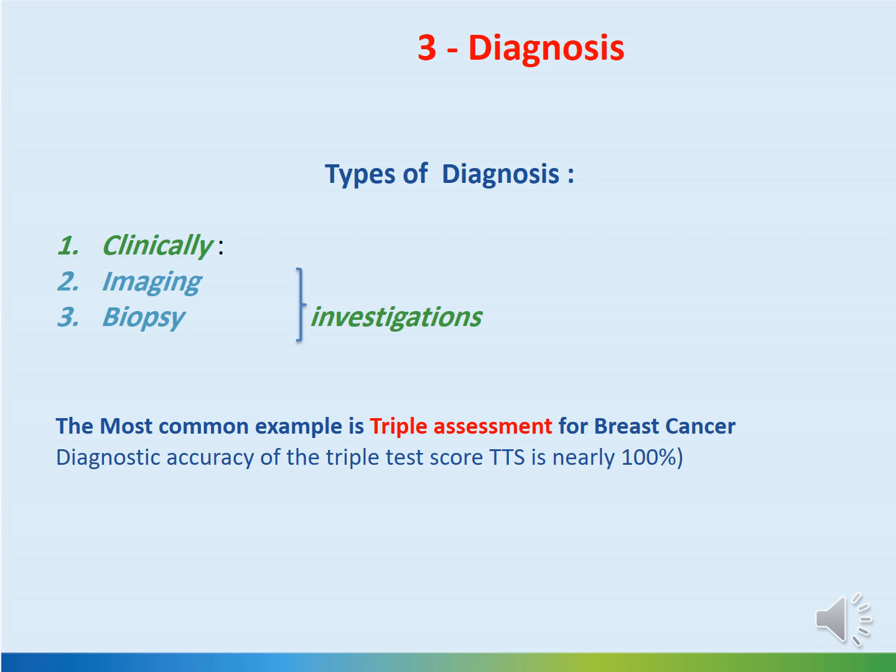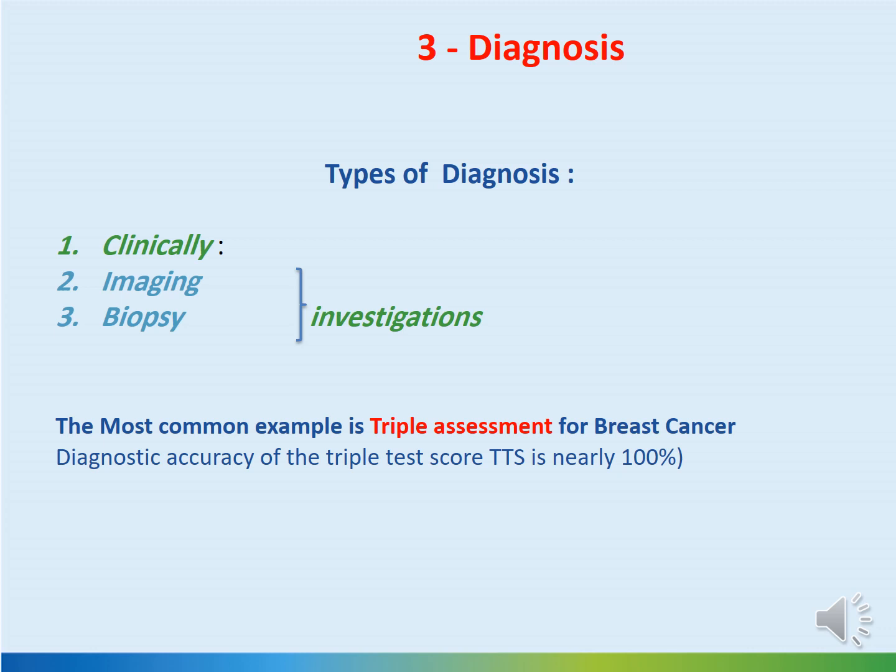Nowadays, when someone asks you how we diagnose breast cancer, you should answer by triple assessment of breast cancer. That means by collecting data from the clinical examination and from imaging, and then later from the biopsy, we make the diagnosis.